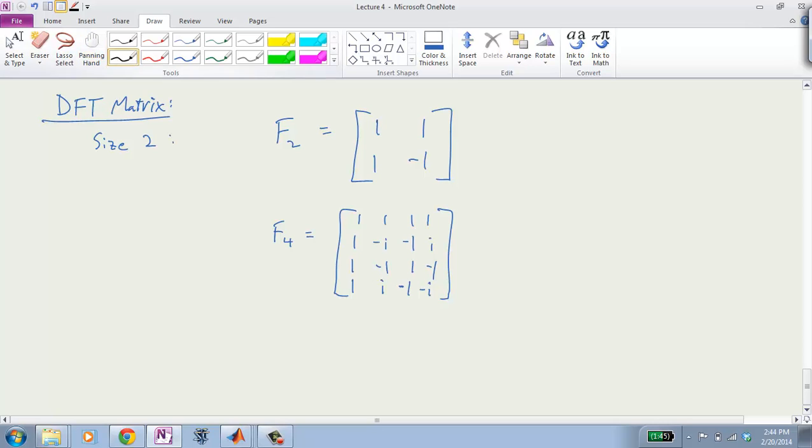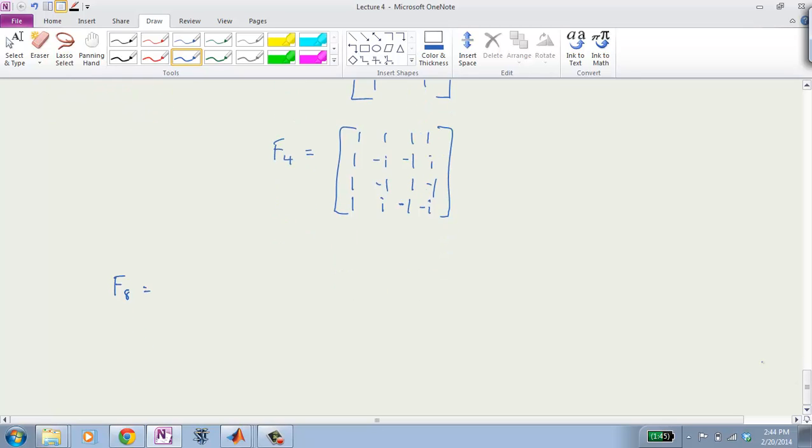All right, now it turns out that you can write F_8, which I'm not going to write out explicitly here because now I'm going to get more complicated terms. But it's an 8 by 8 matrix, right? 8 by 8. But you can factor it as a product of 3 things.